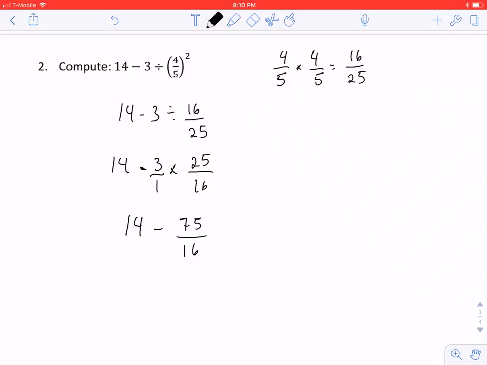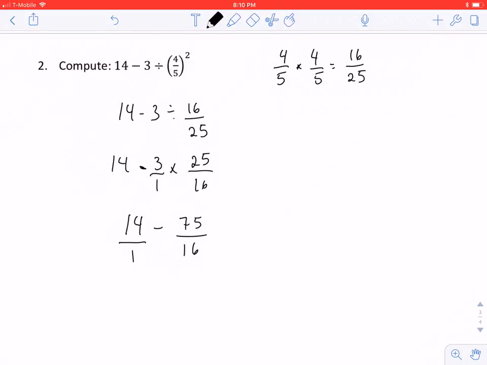Now we're doing a subtraction there. The denominator of the 14, as in the previous problem, is 1. And we need to find the least common denominator, LCD, which is 16, between 1 and 16. In order to have like fractions, we need to multiply the first fraction times 16.